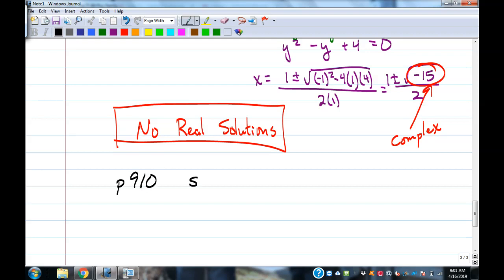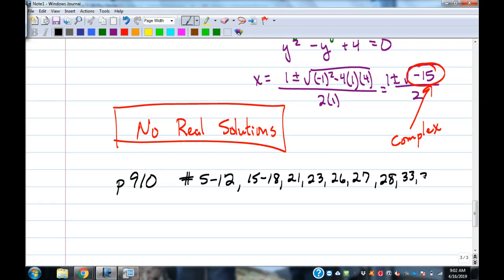Suggested problems. This is quite a random list here. So 5 through 12, 15 through 18. Okay, here we go. 21, 23, 26, 27, 28, 33, 34, 35, 36, 39, 40, 41, and 42.